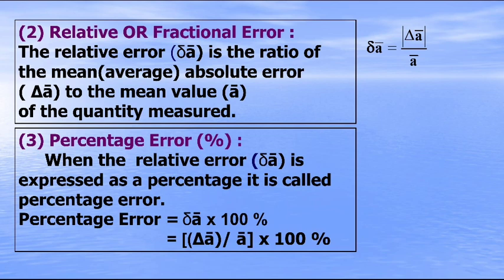So dear students, here we have seen absolute error, average absolute error, then relative or the fractional error, and the percentage error. By using these types of error, we can measure the quantity's value, and we can get the result of the value of the quantity nearer to the true value.